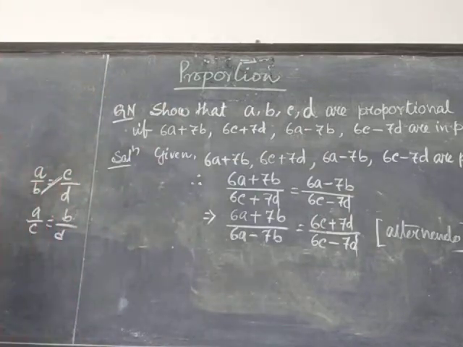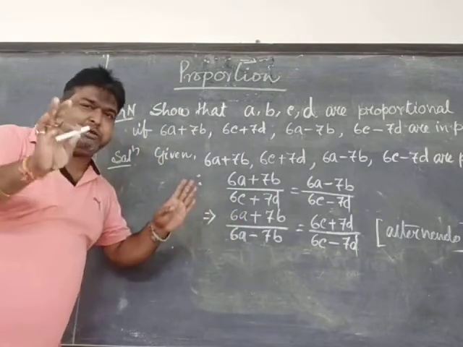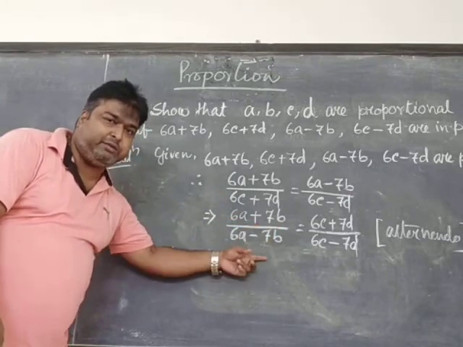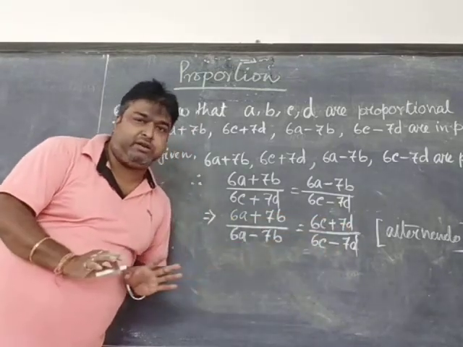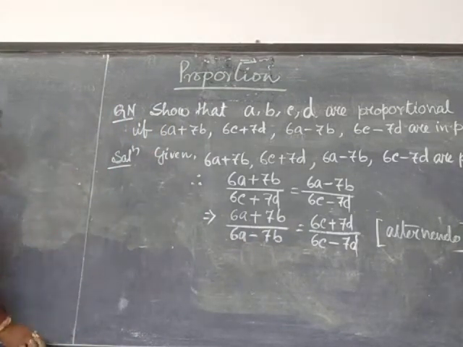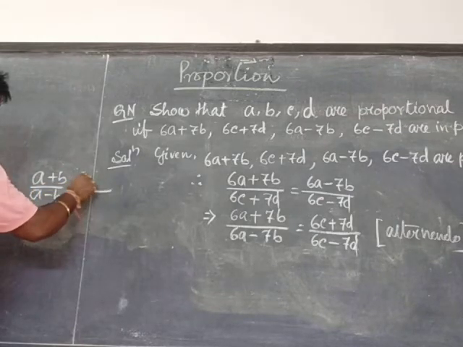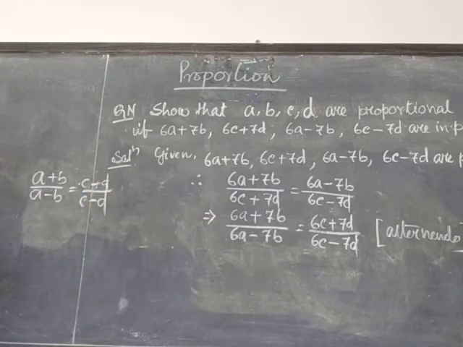Now, if you ignore the 6 and 7 part, I am just telling you, it is a plus b by a minus b equal to c plus d by c minus d. Coming or not? So what property are we getting here? Yes, componendo and dividendo.